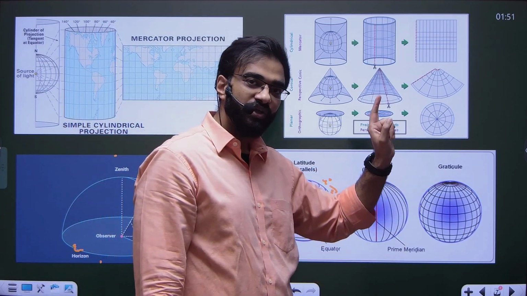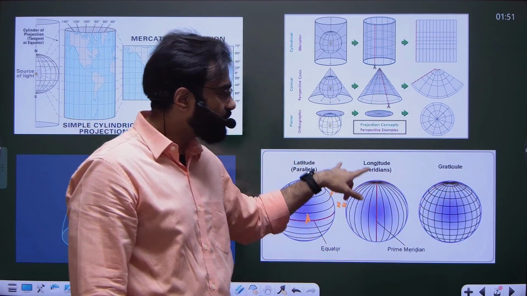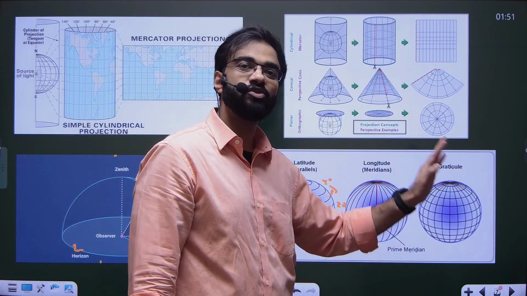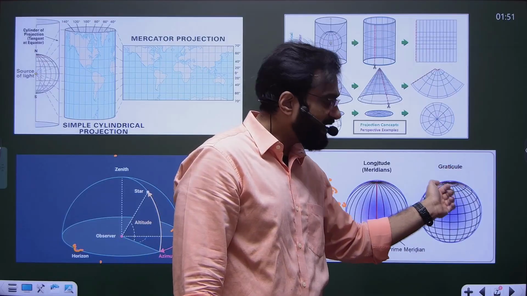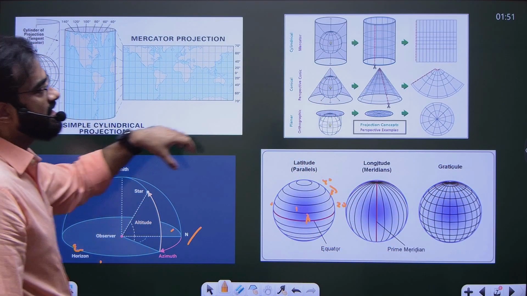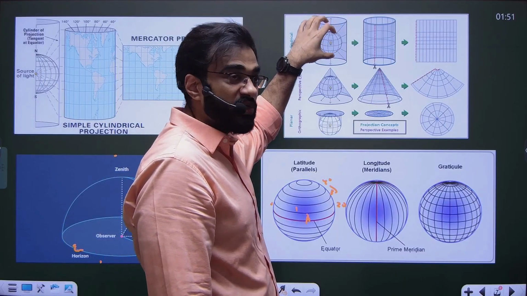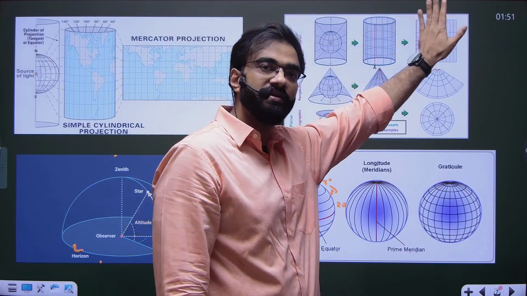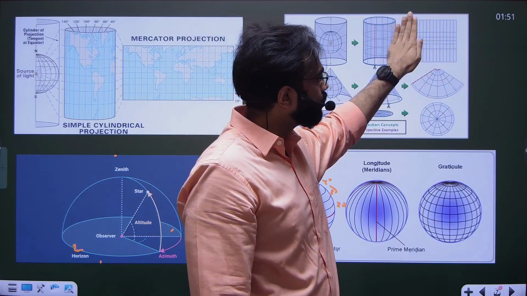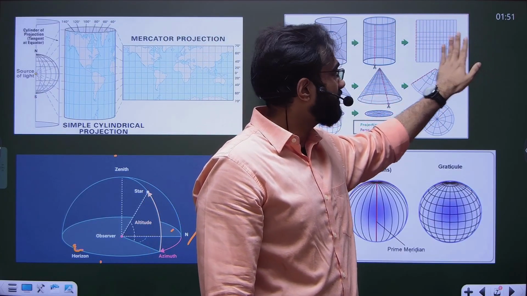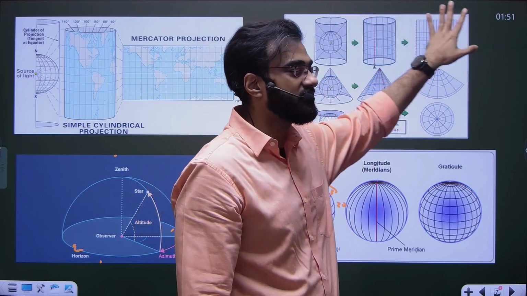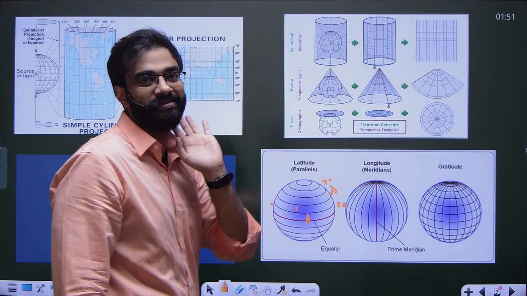A graticule is the network or grid which is formed when the latitudes and longitudes meet. And why do we study graticules? Because these graticules or grids are the networks which we need to project through mathematical formulas or by geometry to obtain an approximate representation of the Earth's continents and oceans.